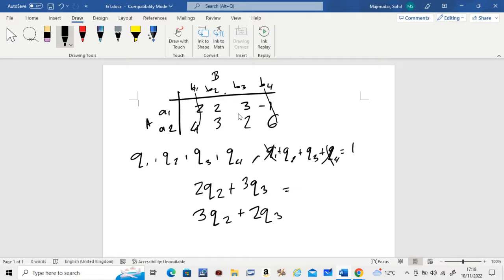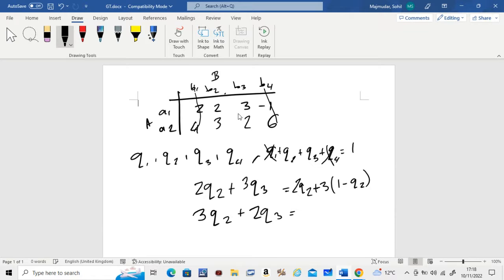So we do the same thing. In place of Q3, we write 1 minus Q2. So this equation becomes 2Q2 plus 3 times 1 minus Q2.